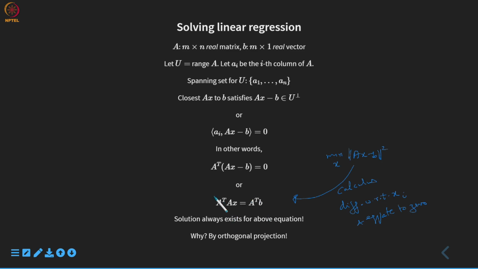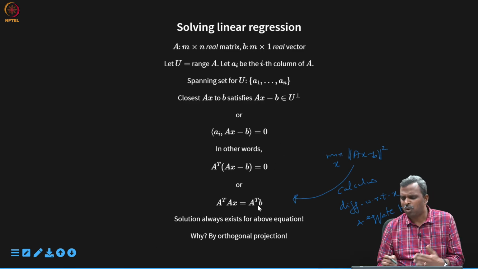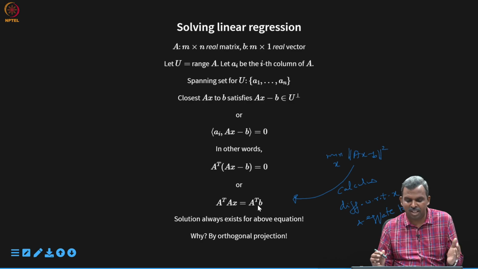So that's another way in which people come to this A transpose A x equals A transpose b. We came to it using our orthogonal projection, but all of them are the same. There can be very many ways to solve the problem, but at the end of the day they solve the same problem in one way or the other.